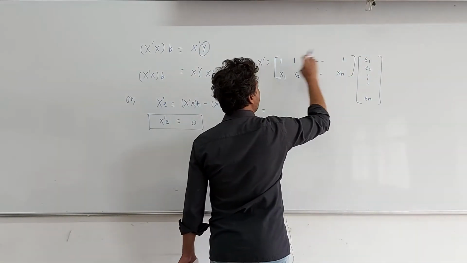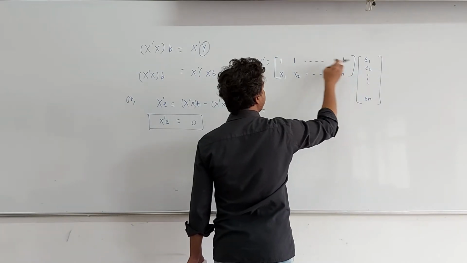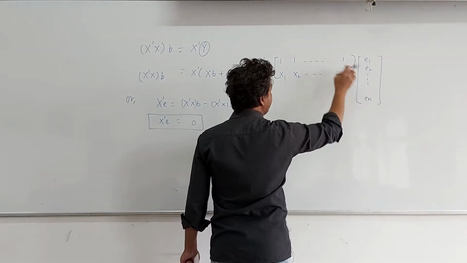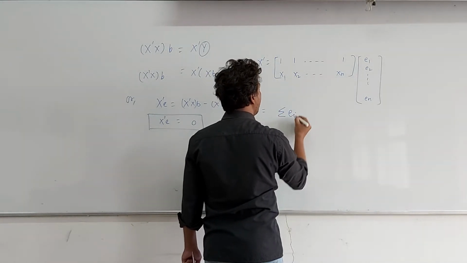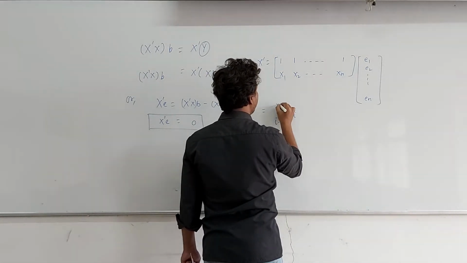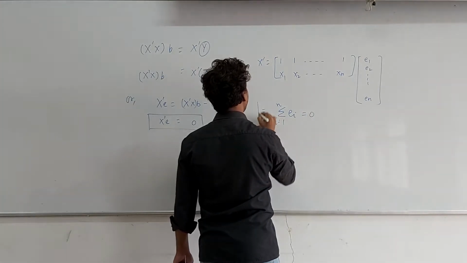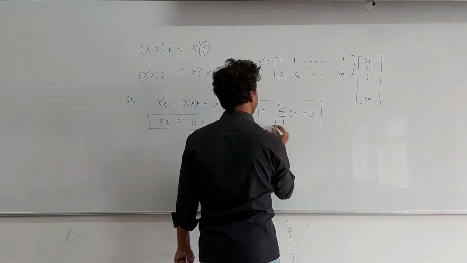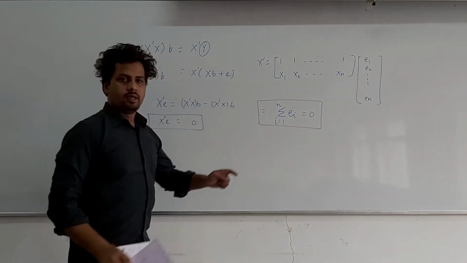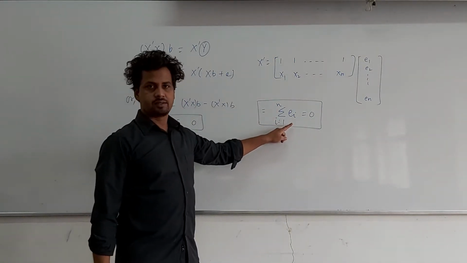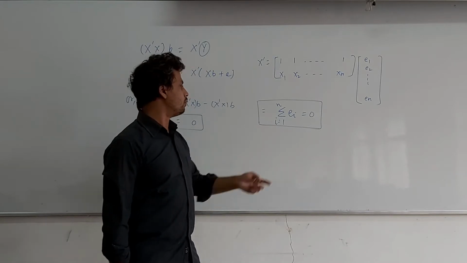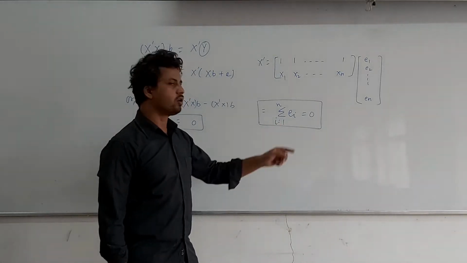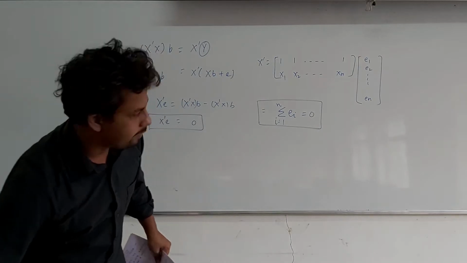So E1 times 1 plus E2 times 1 plus E3 times 1, so on till En times 1 will give me summation of Ei, where i goes from 1 to n, as 0. That is, the sum of residuals of the sample regression line that we have found is 0. Now it has got two implications. Let us understand them one by one.